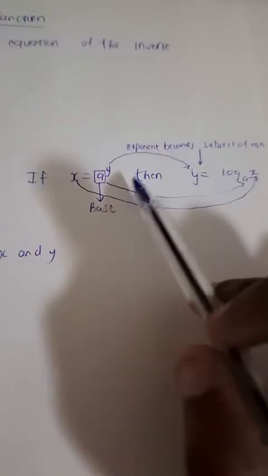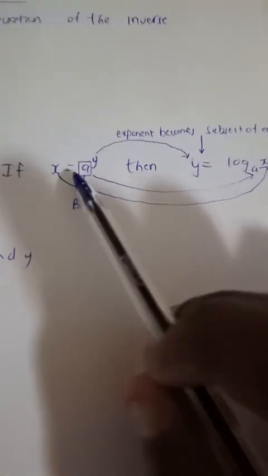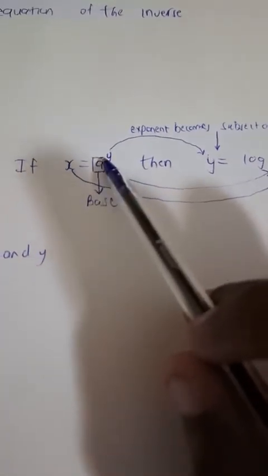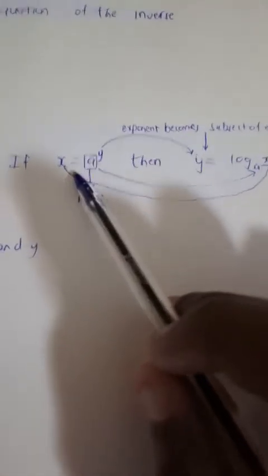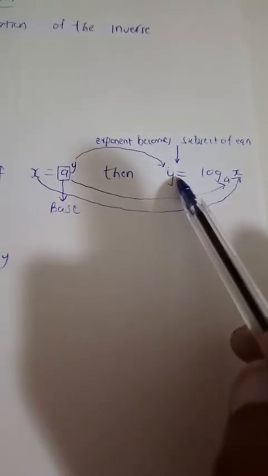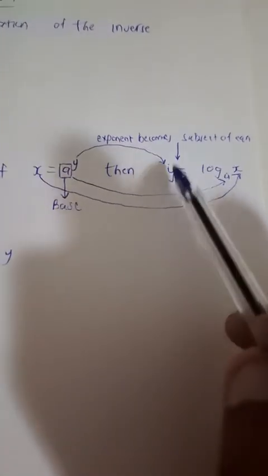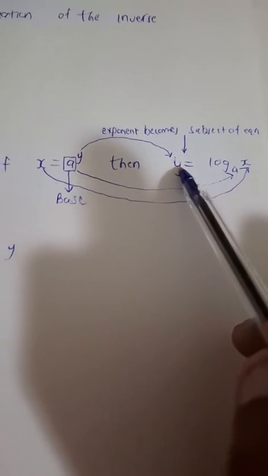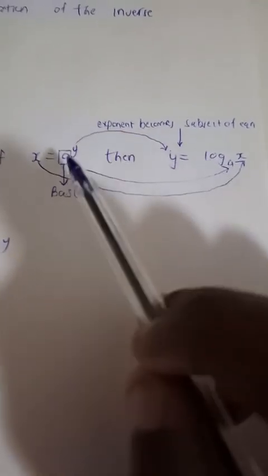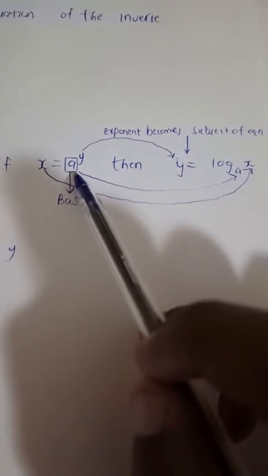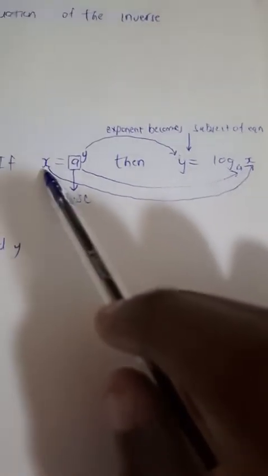So this is very important. If x is equal to a to the power y, then we can express this as y. Remember, the exponent becomes the subject of the log equation. A becomes the base of the log, as it was the base of the exponential equation. X, which was the subject, becomes the variable next to log.